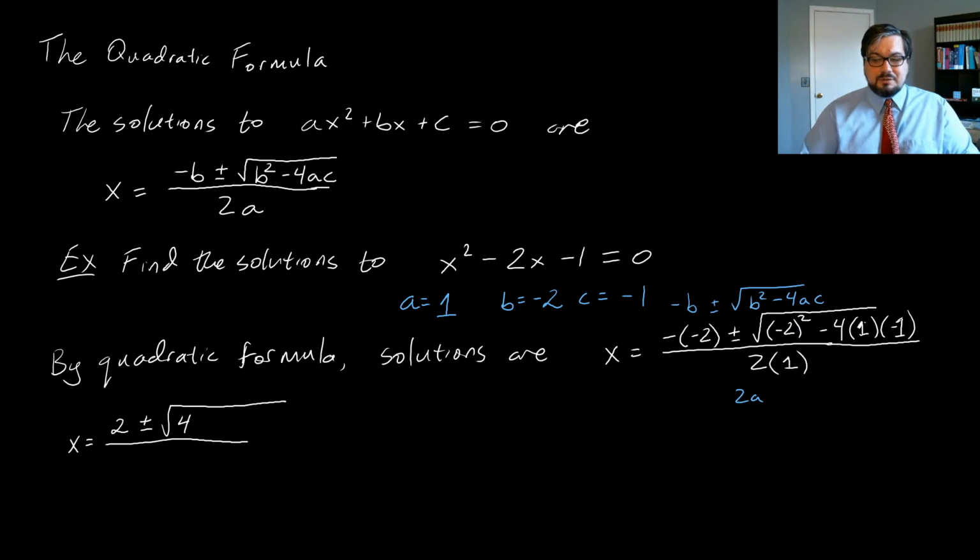Negative 2 times negative 2 is 4. And then we've got these three numbers over here. We've got negative 4 times 1 times negative 1. The product of all those is positive 4. And so we get plus 4 when we simplify the rest of that expression inside the radical. And then the denominator is 2.